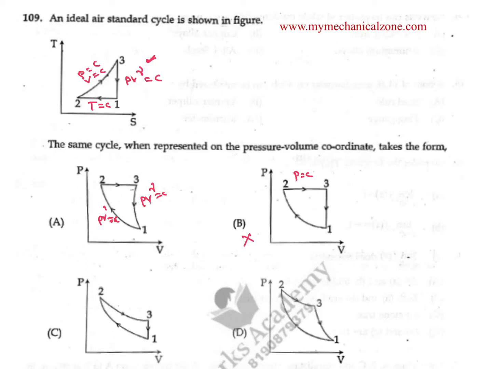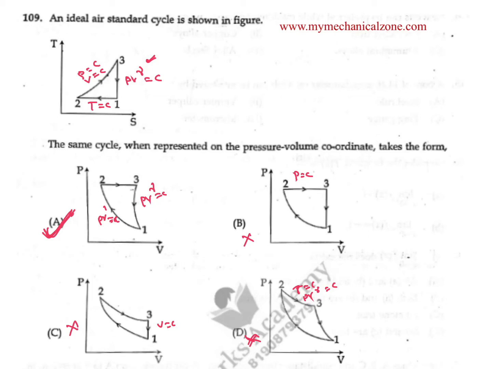In case of C again 3 to 1 is constant volume process, so C is not possible. Then option D: 2 to 3 is a constant pressure or constant volume process, but here 2 to 3 is either constant temperature or reversible adiabatic, so this is not possible. Only A is your correct answer.